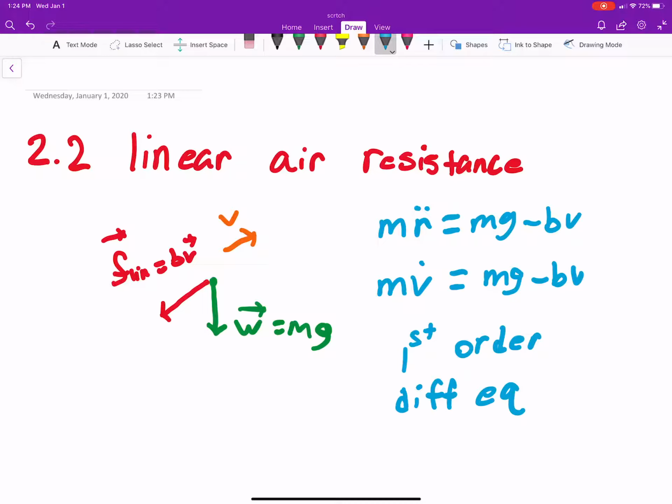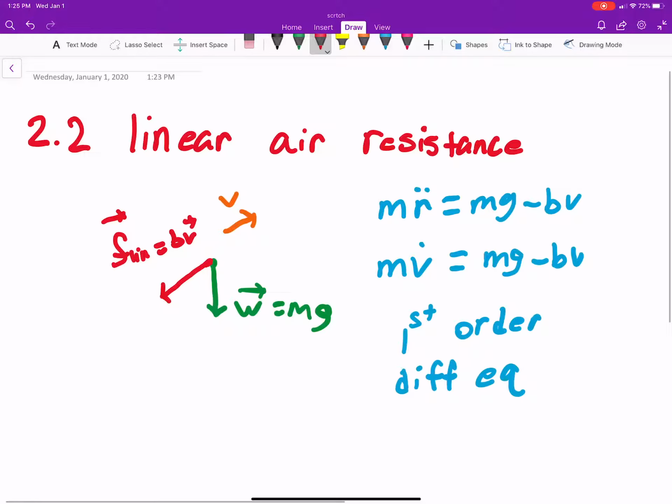I drew this little free body diagram over here of this ball or whatever you want it to be, moving at a speed v, and the forces acting on it are the weight force, which is just mg, and then we're saying linear air resistance. And then over here, I wrote Newton's laws of motion.